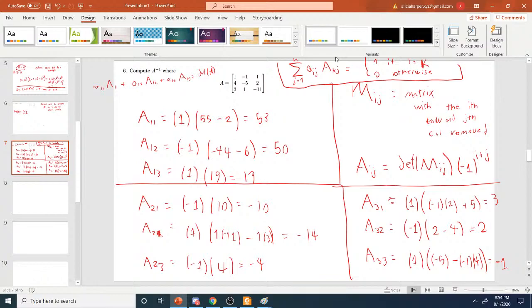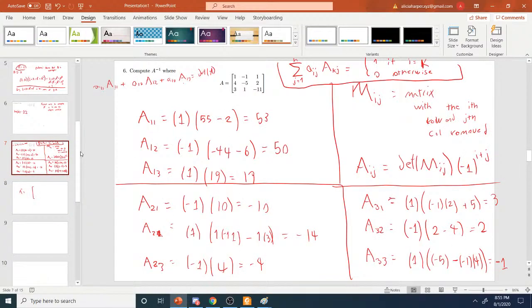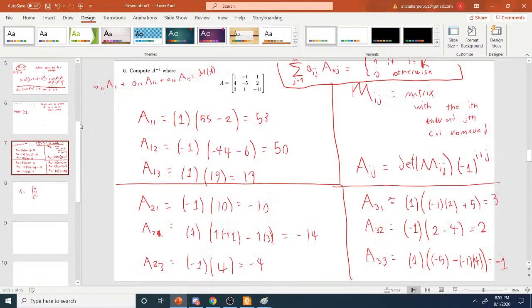Because here's what we're going to note. What we need to do is put this entry and this entry in the first column of the inverse. So we're going to have A inverse is equal to 53, 50, 19.